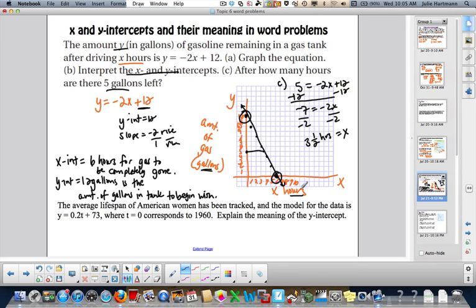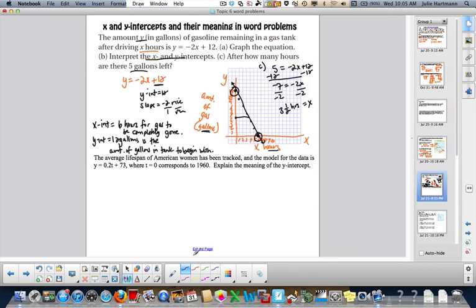3.5 hours equals x. Okay, that's that one. This second example at the bottom, the average lifespan of American women has been tracked, and the model for the data is y equals 0.2t plus 73, where t equals 0 corresponds to 1960. Explain the meaning of the y-intercept. So, our y-intercept is right here.